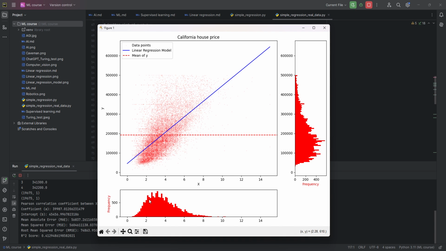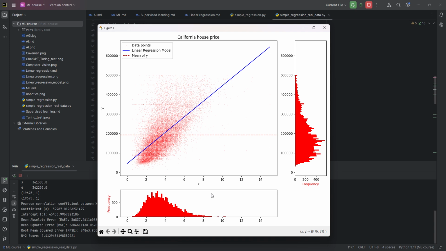And you can see in the distribution of how the median income is distributed, it is around the tree, which is like 300,000, and it's skewed a little bit towards the right, but above 10 there is almost no data points.